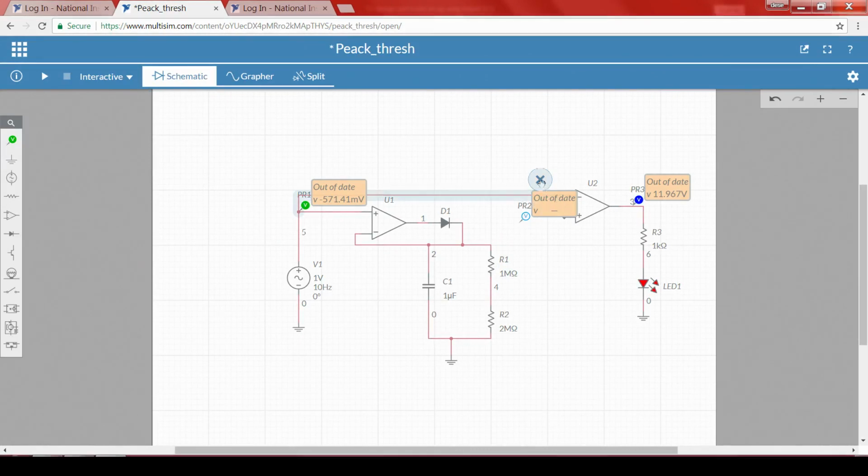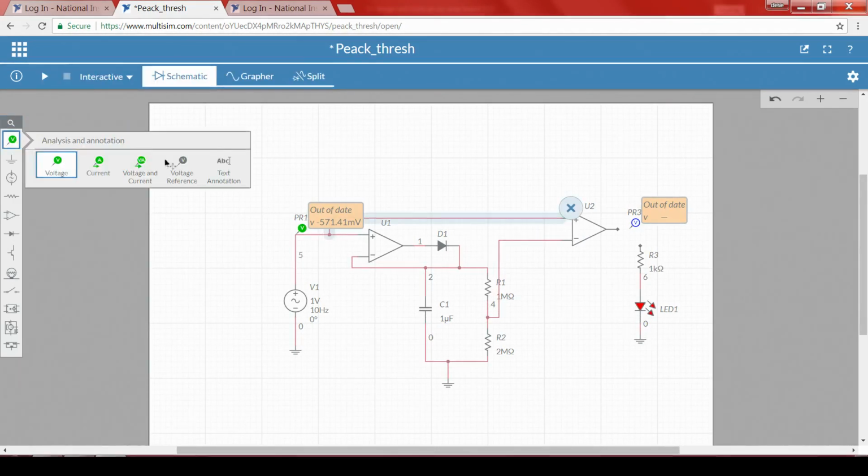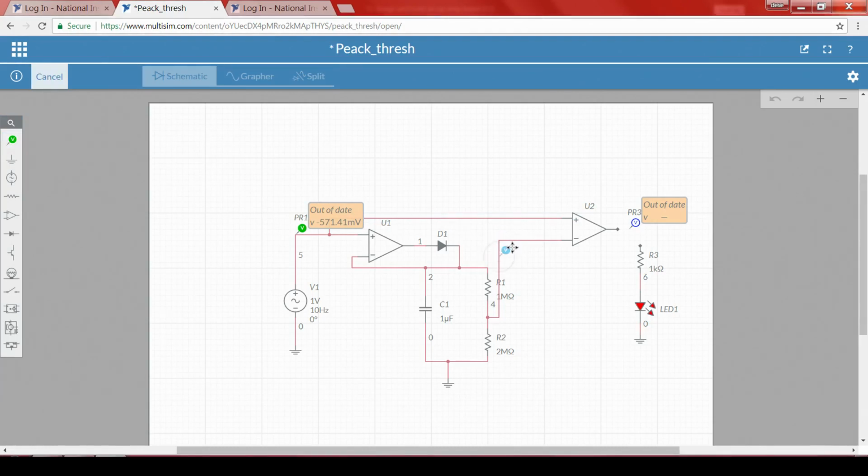I will swap the terminals. This particular terminal should be connected here, and this is here, and this particular terminal should be connected here, that is the input, and here I am going to measure the threshold value. Okay. Now, let me run it.